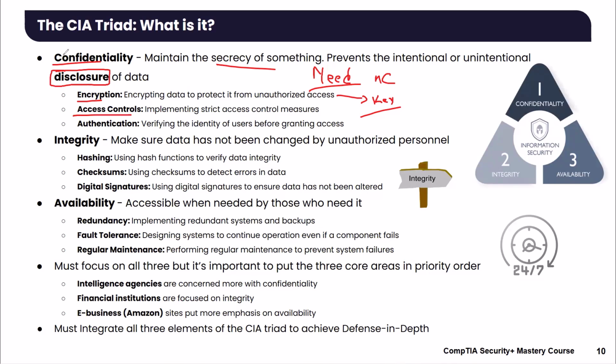Access control is another way we accomplish confidentiality, and obviously authentication. We want people to authenticate so that we know who they are when they are accessing something. That's very important. You might be asking, in the real world, who cares about confidentiality? Government agencies. For a government agency, it's better if something is not available than for it to fall into the wrong hands.